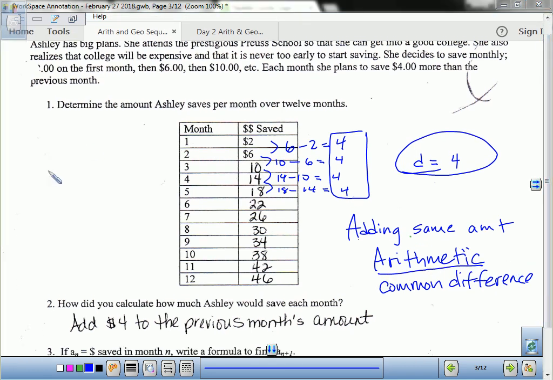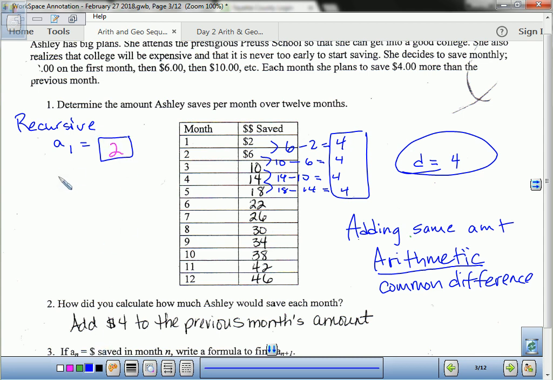Now we talked about two formulas yesterday for arithmetic sequence. We talked about recursive, and I told you how that one's not very helpful at all. A recursive for an arithmetic has two parts. Part one is where we say the first term is, and whatever it is. So in this case, the first term is 2.